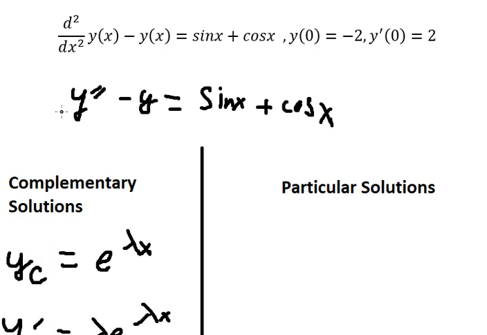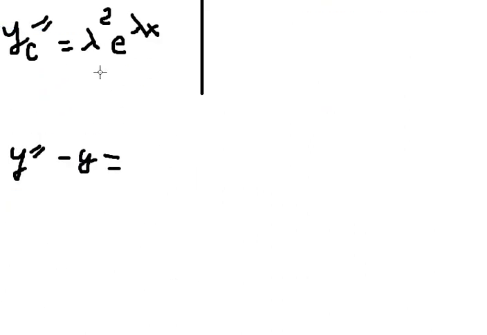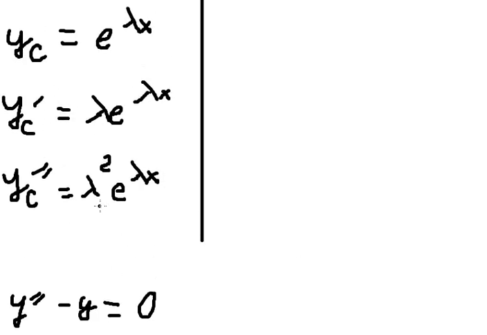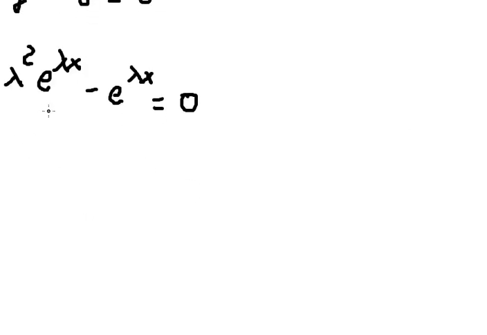So in this situation, we have this one. Because this is about complementary solutions, I will put this one equal to 0. So I will put this one here and this one here. So we can do factorization by e to the power of lambda x.